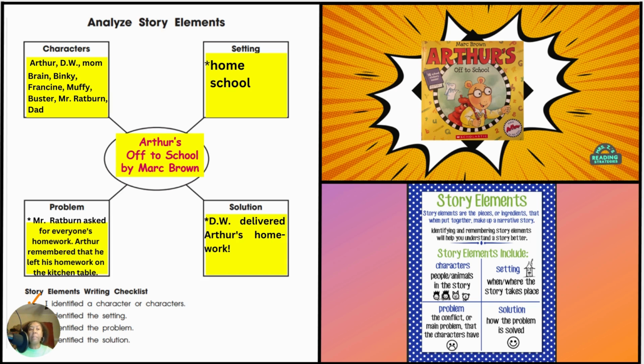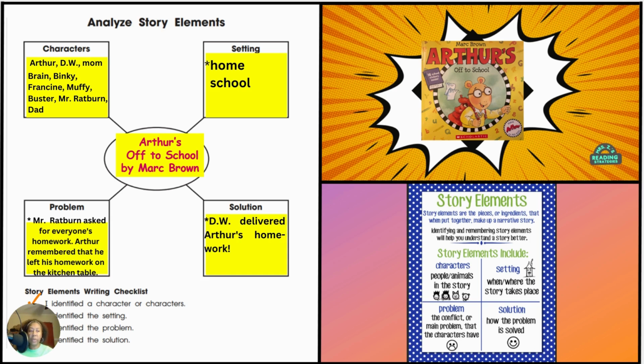Now, I think those are the major characters. Most stories have major characters and some have minor characters, those that weren't in the story as much. But Arthur, DW, and Mom are the main characters because you read about them or heard about them the most throughout the story.